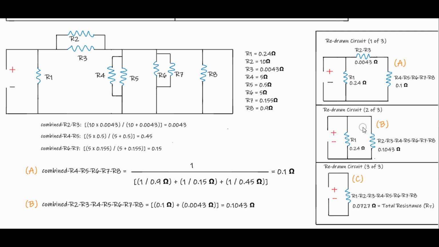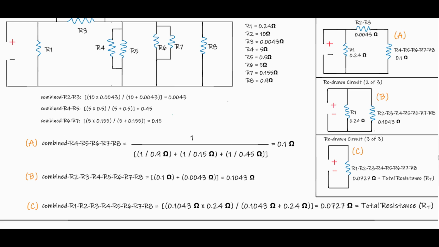Then redrawn for the second redrawn circuit, we have R2 to R8 combined with R1, and that's just a simple product sum resistance combination of two resistors, which we have here in C. C is simply the product sum rule for combining these two resistors in B, and it's 0.1043 times 0.24 divided by 0.1043 plus 0.24.